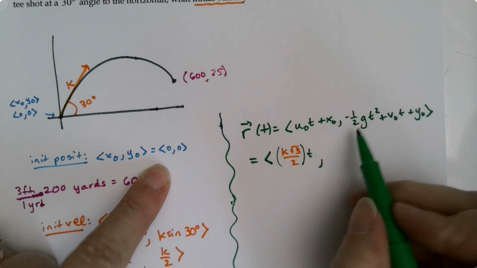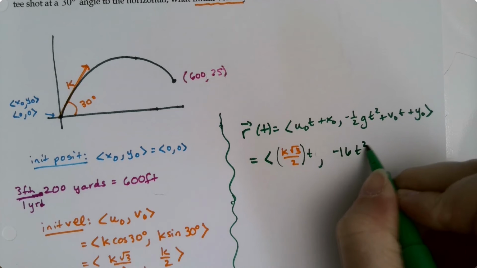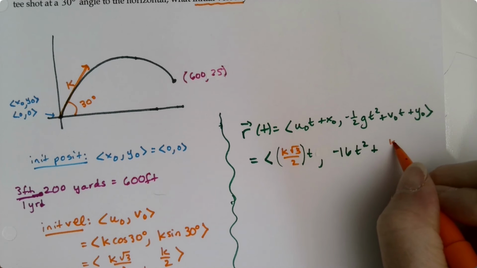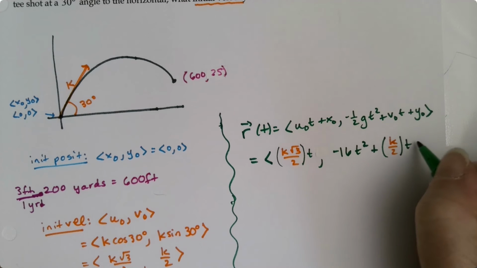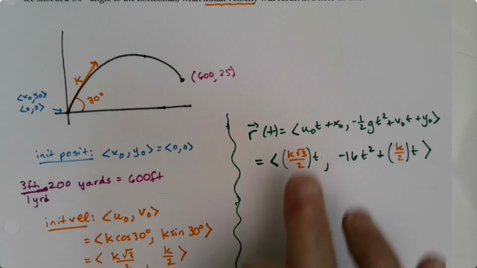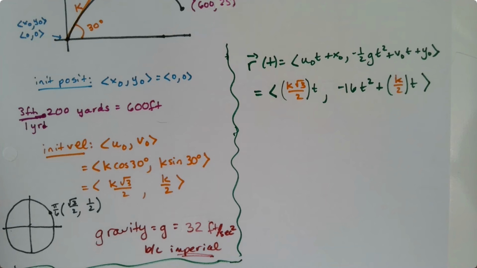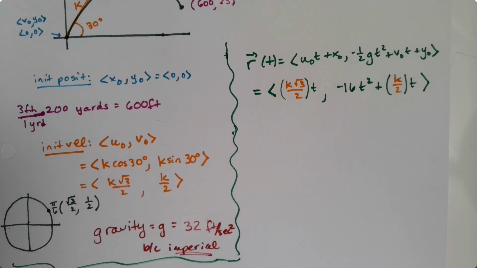And then negative 1/2 times 32 is negative 16 t squared plus k over 2, or 1/2 k, times t plus y0, which was 0. There you have it.